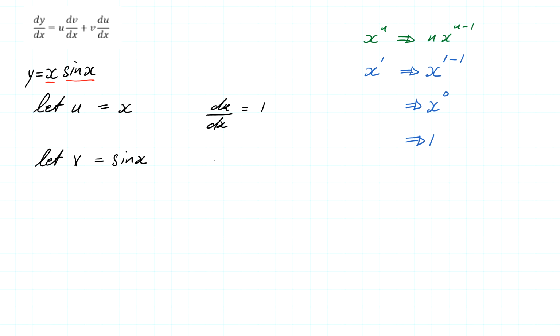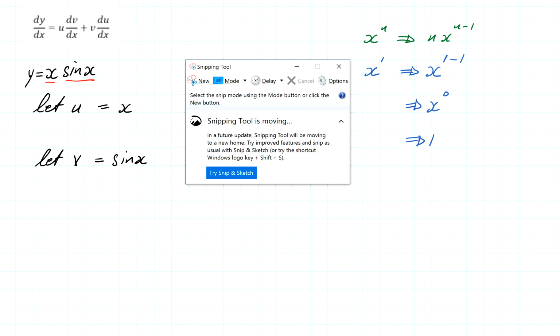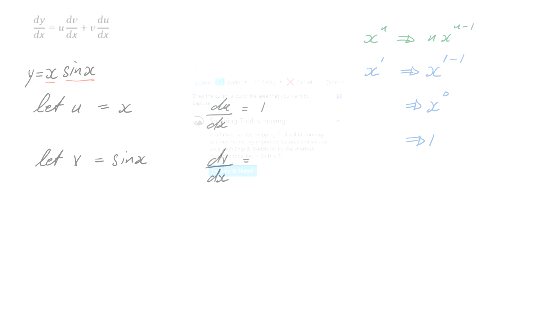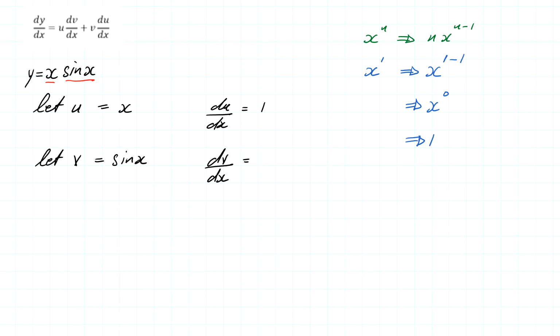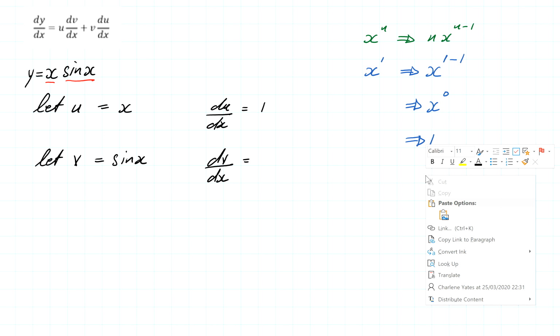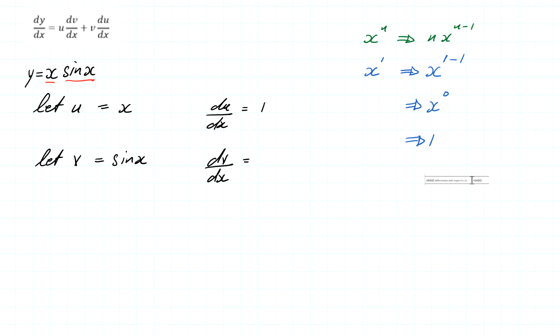Okay, and in this case we've got the derivative of v with respect to x, and if we look at our derivative table, we use this one where we have, it's small, or enlarge it a bit.